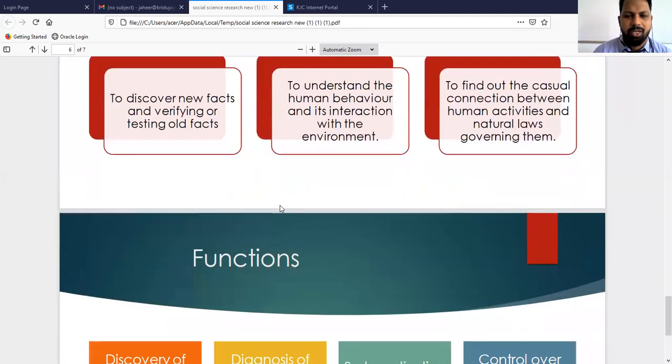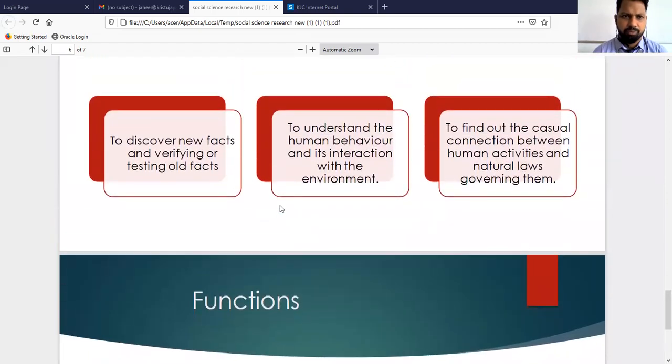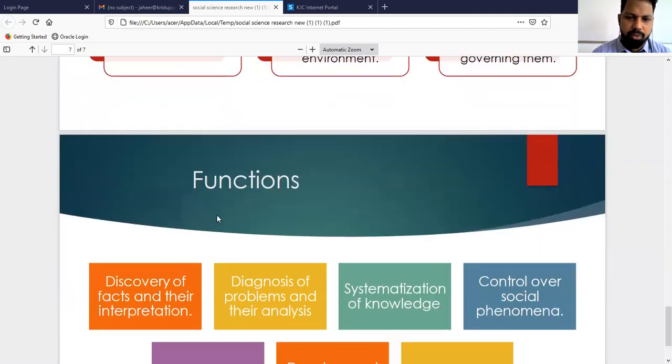For example, if you are carrying out a study to know the consumption pattern and how it affects the health status, it can be a cause and effect relationship. That is also one of the objectives of social science research.